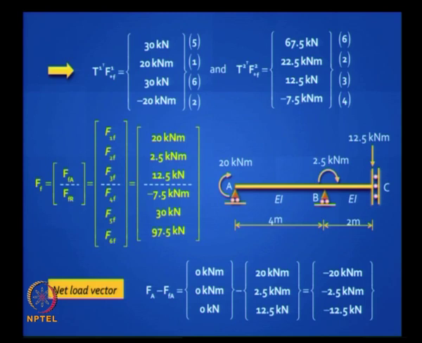This is your resultant force vector, and to remind you once again, the displacements you get at the active degrees of freedom d1, d2 and d3 from this nodal load problem, will be exactly equal to the displacements you would have got with the original intermediate loads. Is it clear? That is the equivalence we are trying to establish, okay.